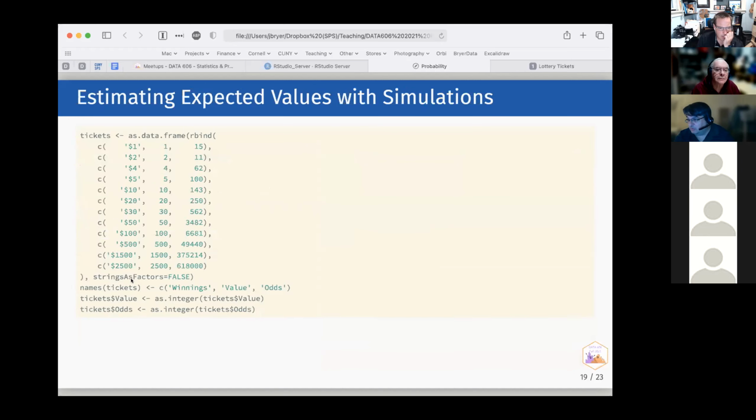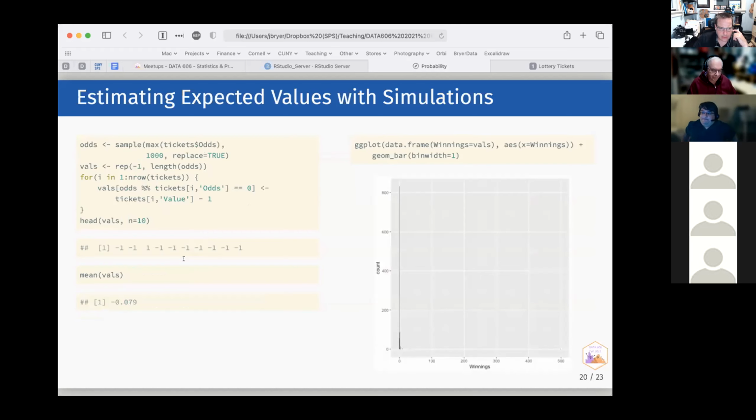Like the odds of the $1,500 prize wouldn't be correct. Well, you have 1 in 375,000 to get there. I guess I use the max of 618. I think you're right. I could use a larger one.